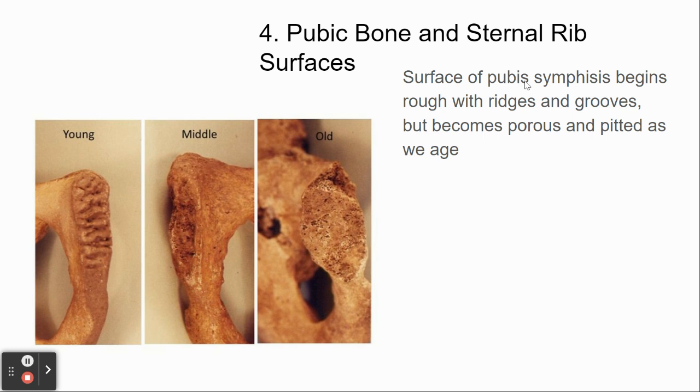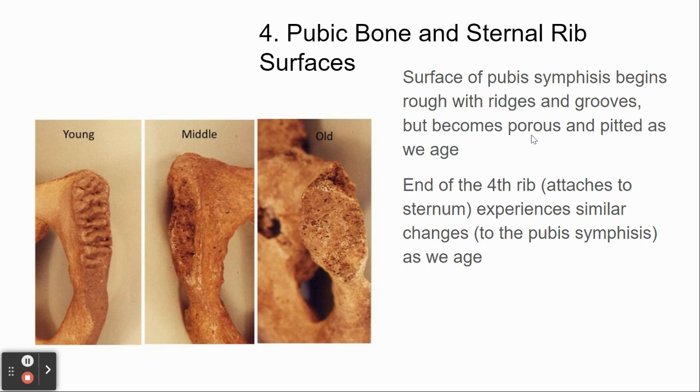So the pubic symphysis that we had talked about previously begins rough with ridges and grooves, and over time becomes porous and pitted. This would be porous and pitted, right? It loses that smoothness with the ridges and the grooves that we start out with, and ends up very different.